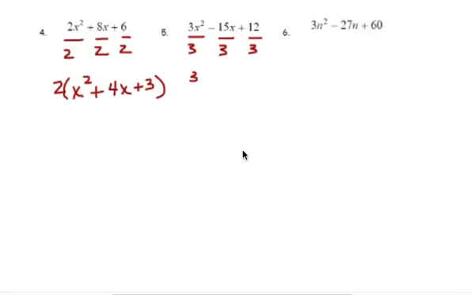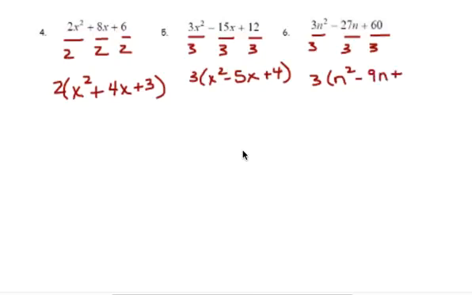So 3 parentheses x squared minus 5x plus 4. Okay, very good. And last one, number 6, divide by 3. So 3 parentheses n squared minus 9n plus 20.